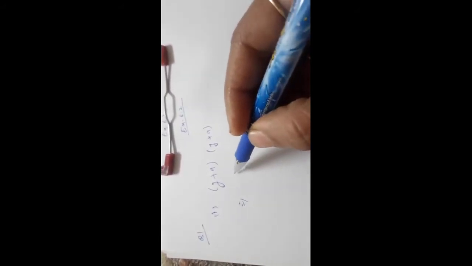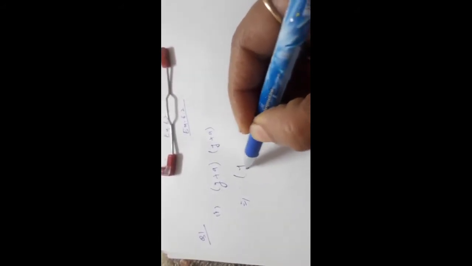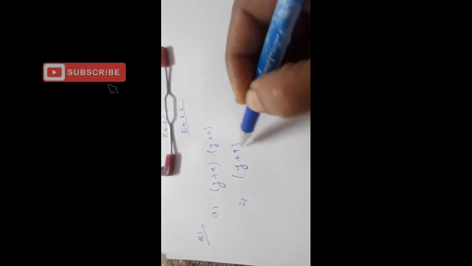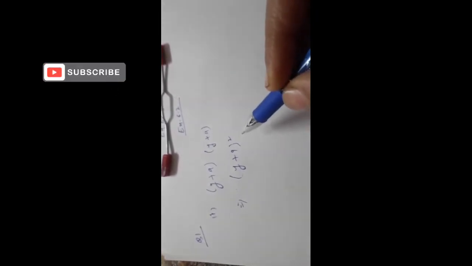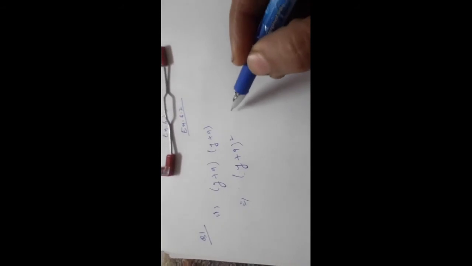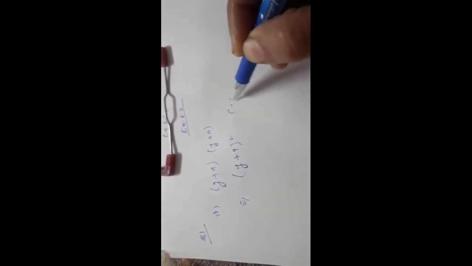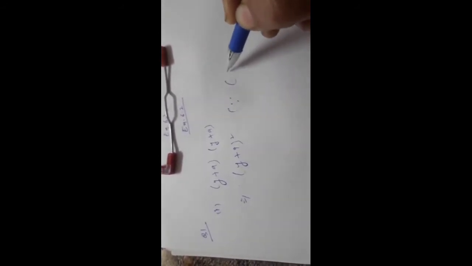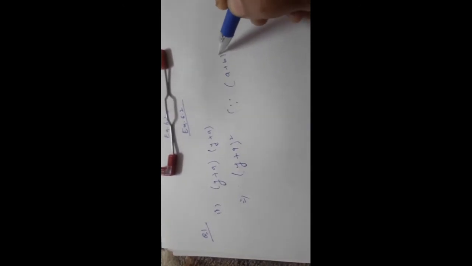In our further step, y plus 9 is given twice, so we can write it as y plus 9 whole square. So what identity would we follow here? a plus b whole square is equal to a square plus 2ab plus b square.